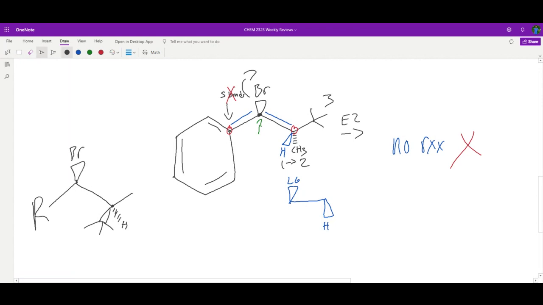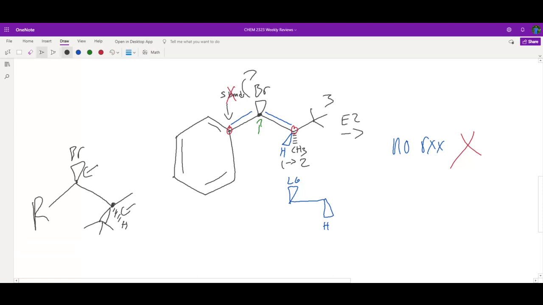We have, again, I'm going to redraw my bromine on a wedge, and I see an adjacent hydrogen. We're good. That's all we needed to do. All we needed to do was rotate that bond because single bonds have rotational symmetry, right?